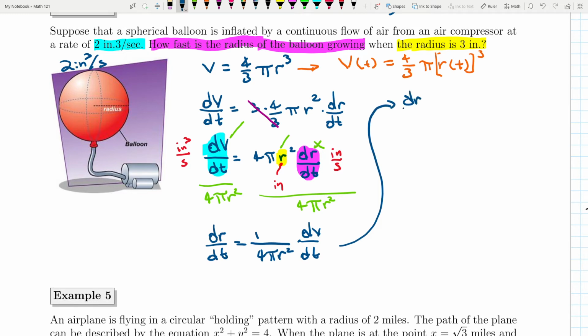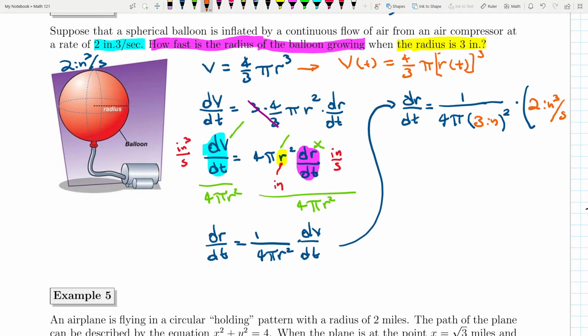So dr/dt equals 1 over 4 pi r squared times dV/dt. Let's put units, just so you can see how that works out. The radius, 3 inches, that quantity gets squared, times the rate of change of the volume, which is this quantity highlighted in blue, 2 inches cubed per second.